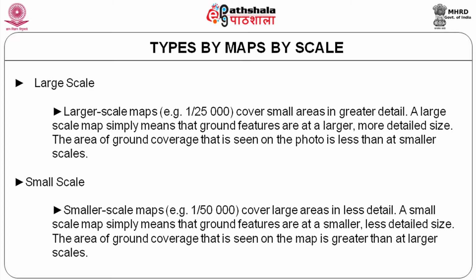Now coming back to the types of maps based on scale, large scale maps and small scale maps. Please bear in mind that the scale of a map does not mean it is always large in scale. It is only a kind of comparative scale we call it. Normally, any scale of, say, 1 on 25,000, 1 on 5,000, 1 on 20,000, 1 on 50,000, whatever the scale, those maps which cover a small area naturally have more detail.